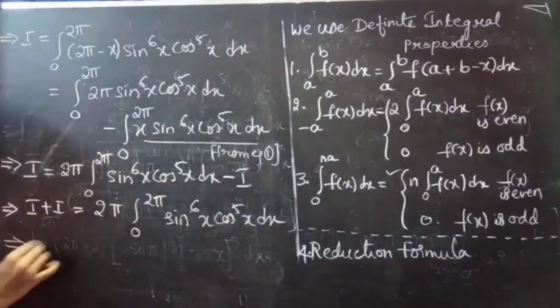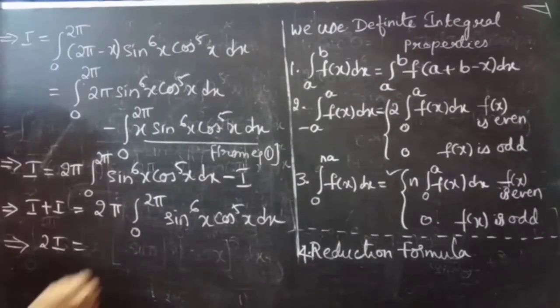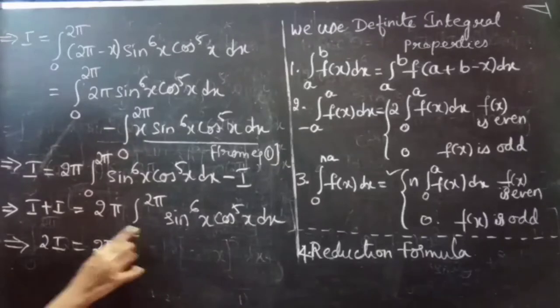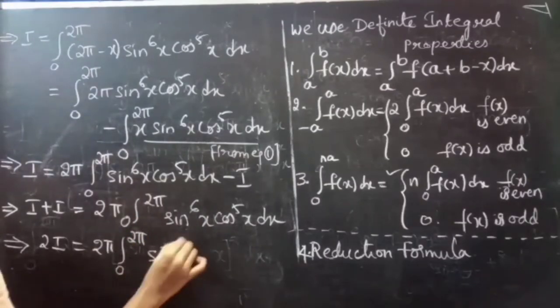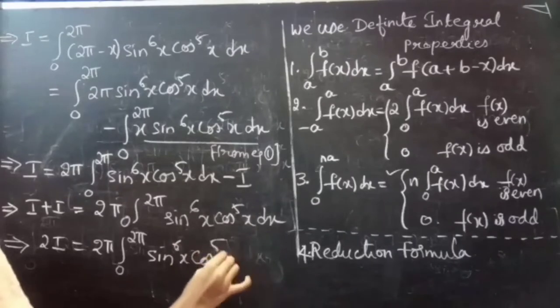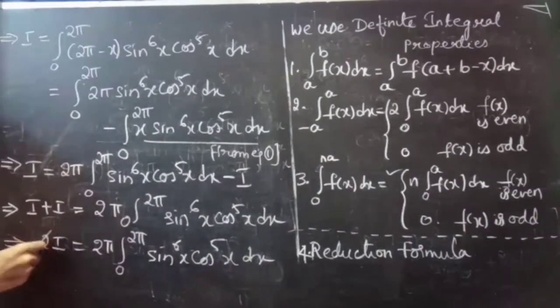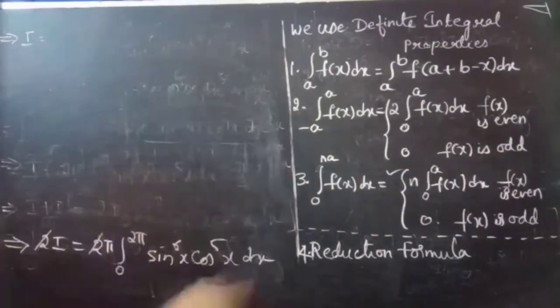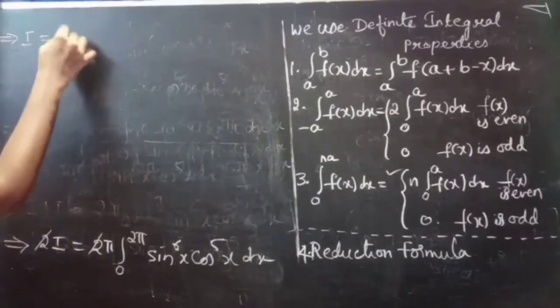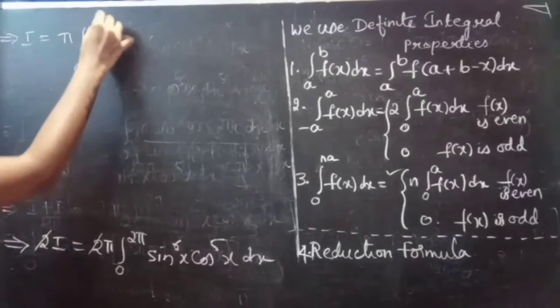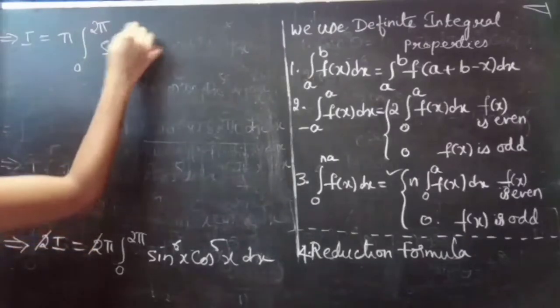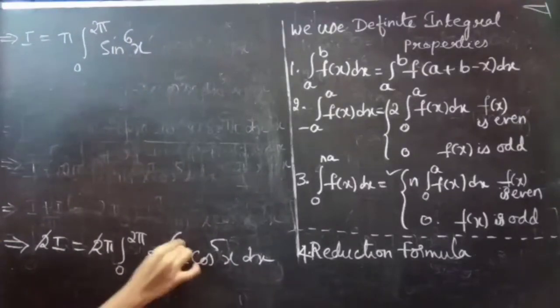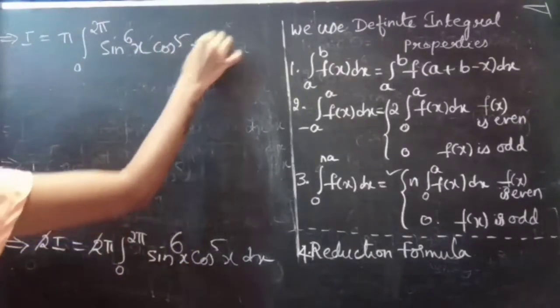So this 2 and this 2 get cancelled. So finally you'll get I equals pi into the integral from 0 to 2 pi of sin power 6x into cos power 5x dx.